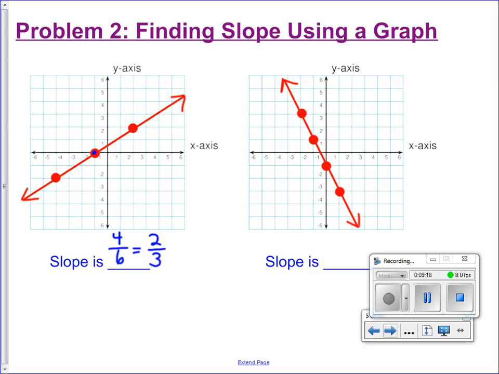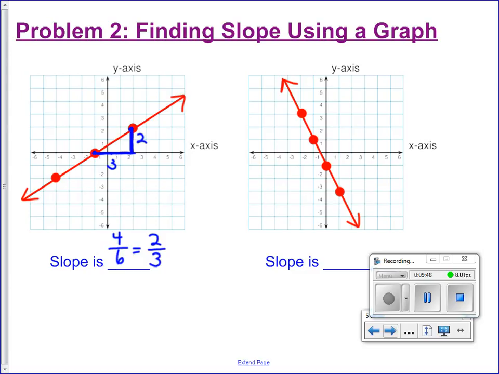To go from this point to this point, you're going 1, 2, 3 over, and you're going up 2. But slope is defined as the rise being the vertical distance, which is 2, over the horizontal distance, which is 3.